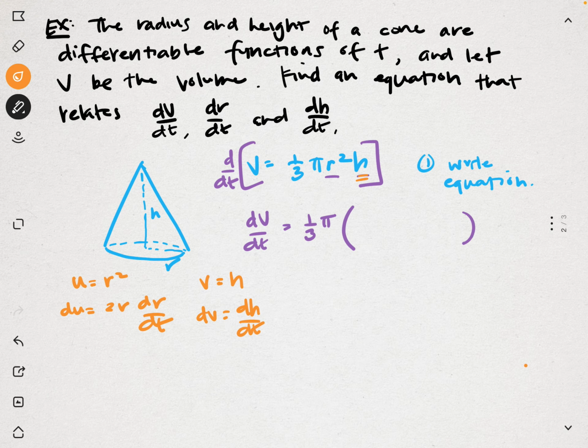U dv is r squared dh/dt plus v du, 2hr dr/dt.